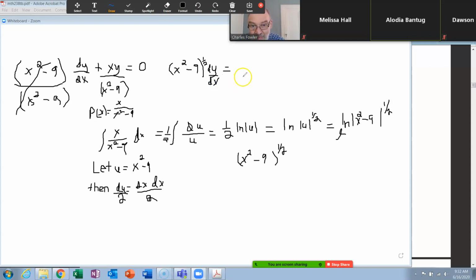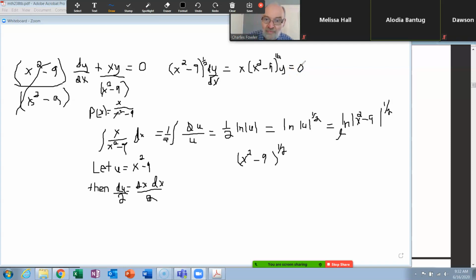And that's equal to x times x squared minus 9 to the 1/2 times y. Oh, this is to the 1/2. You're going to let me get away with that, weren't you? It's supposed to be to the 1/2 power. And this is equal to that integrating factor times 0 is still 0.